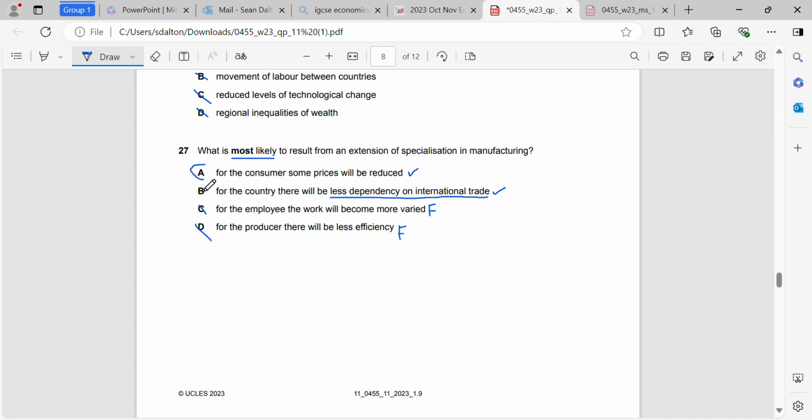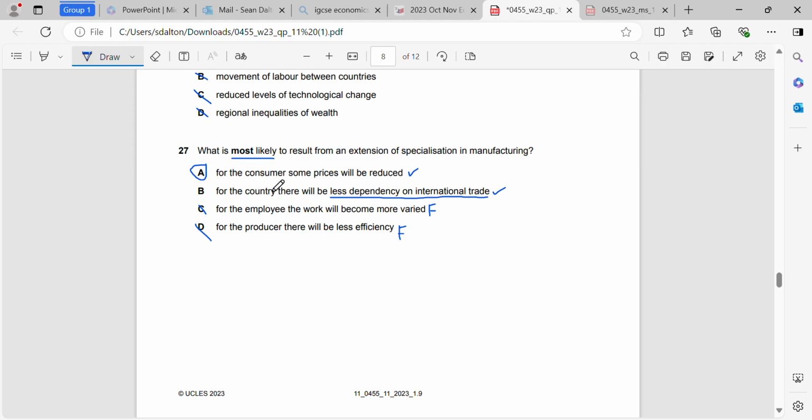Now, the correct answer is A, because the prices reducing for the consumer are more likely to happen than the country having less dependency on international trade. So, if we specialize, we may be able to make more goods and services in our own country or increase our productive potential, meaning that we import less from other countries, right?